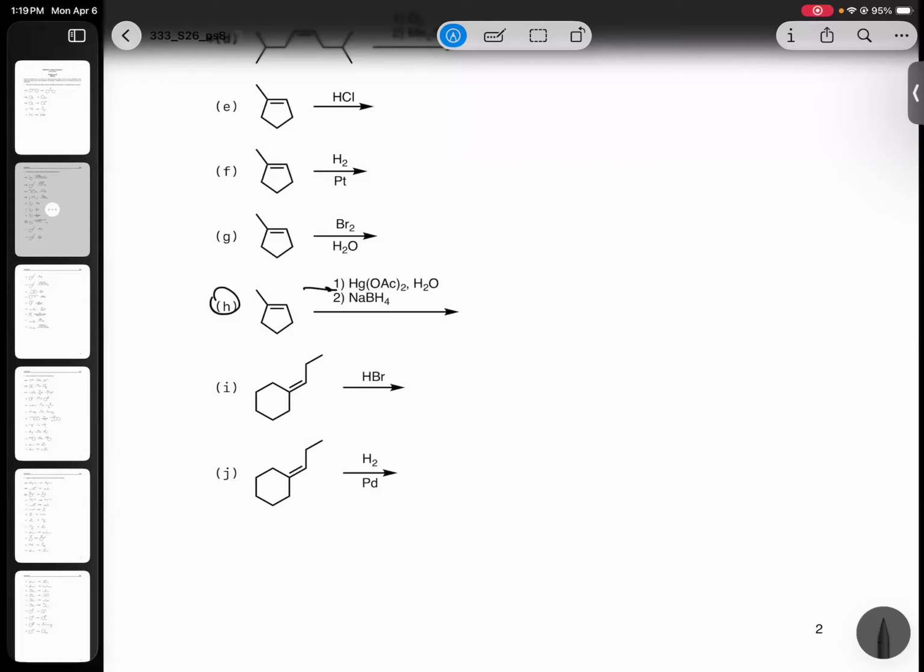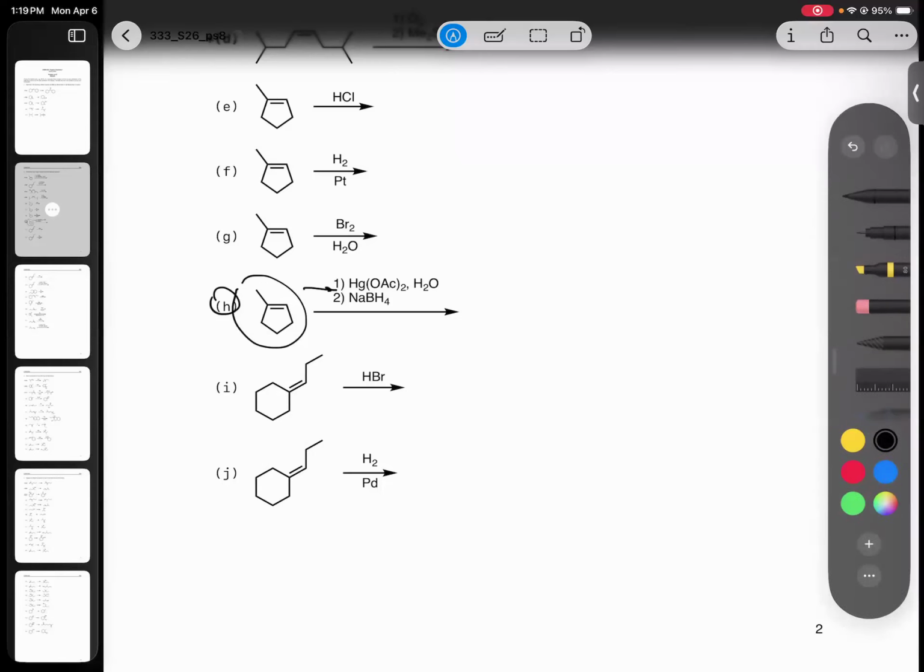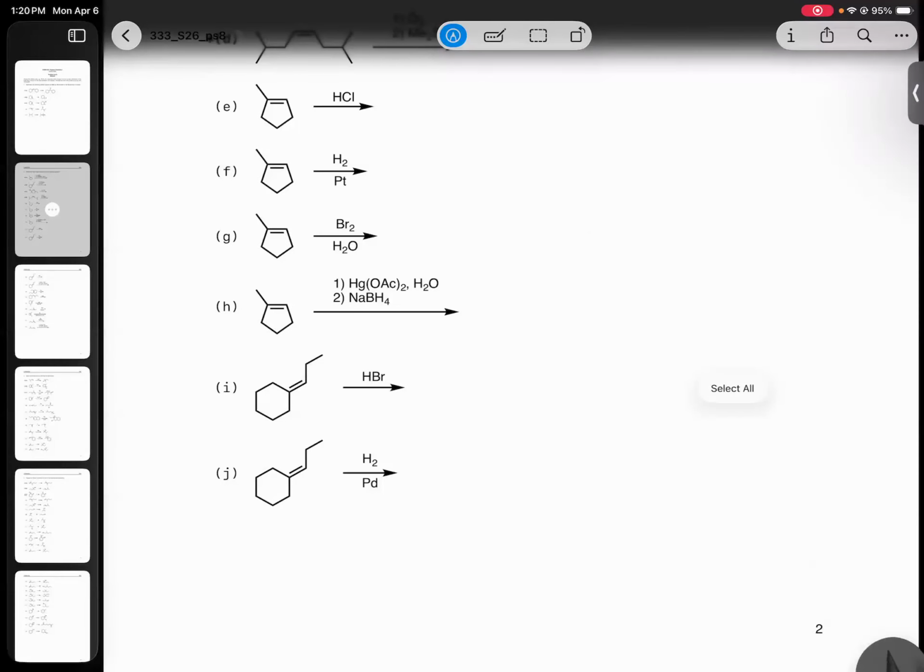We can't do a substitution. We don't have an alkyl halide. We can't do an elimination. We don't have an alkyl halide or an alcohol or anything to eliminate, sorry, in the starting materials. So we can't do a substitution or elimination reaction on our starting material. The only thing that we can do that we know how to do is addition.